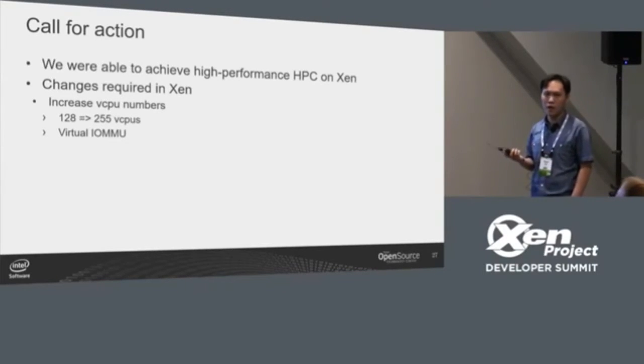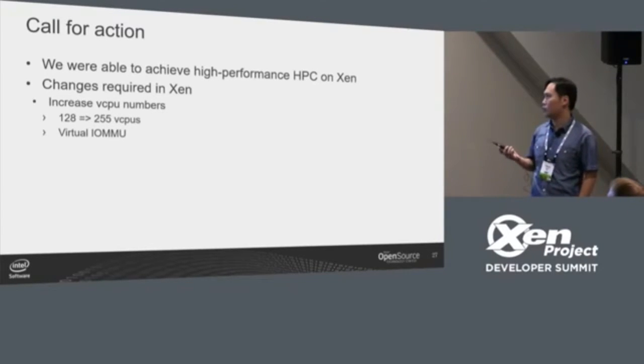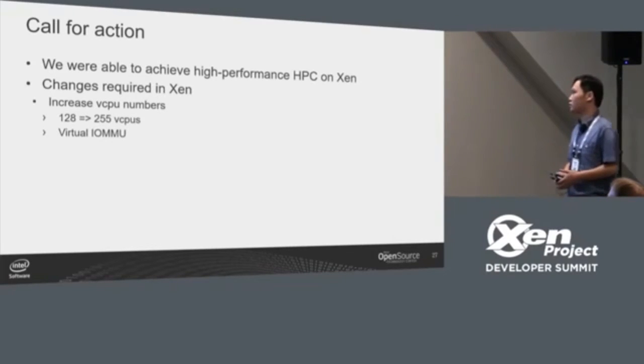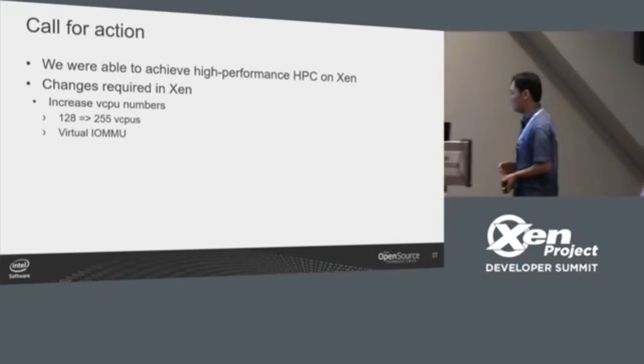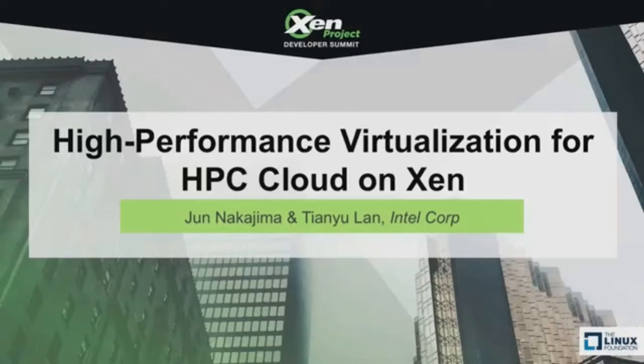We have posted a high-level design to the Xen mailing list. We hope the community can give more input or comments to push the feature upstream as soon as possible. These two tasks can be done in parallel, since they don't have a dependency. Okay, this is all my topic. This is question and answer.